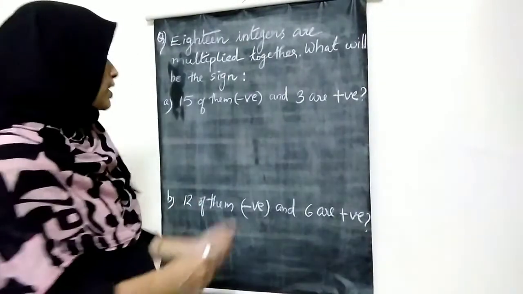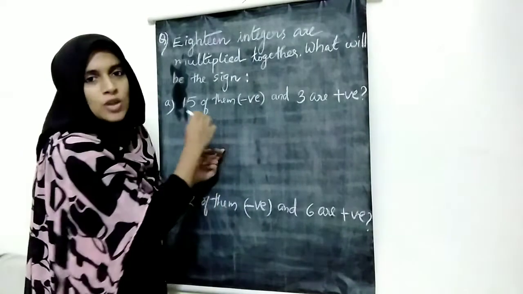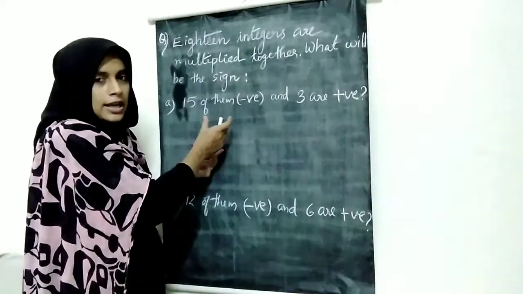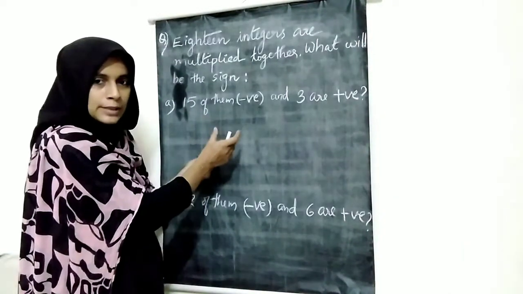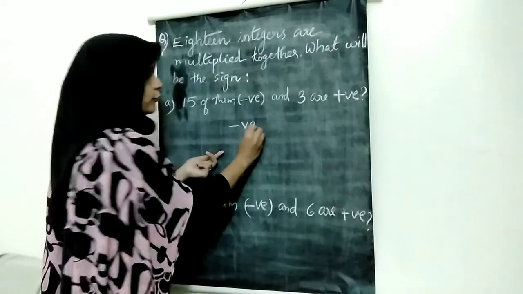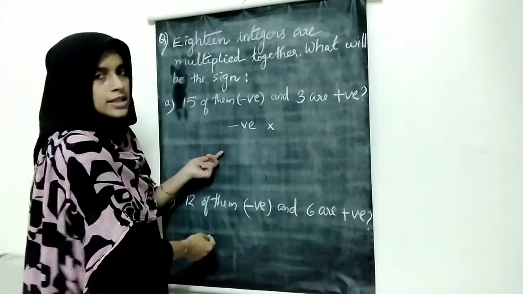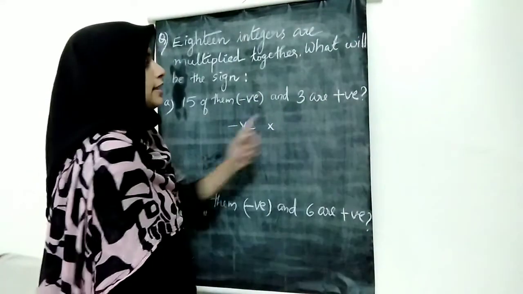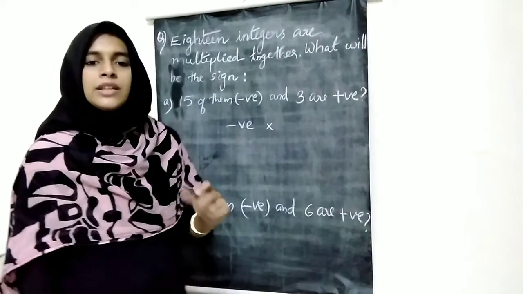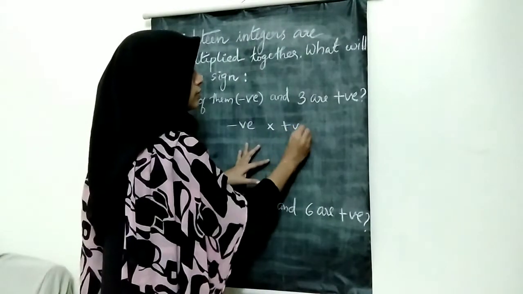They are only asking about the sign of the answer. Okay. So here, 15 of them negative. 15 is odd number. So, 15 negative integers when you multiply, we will get negative. After that, there are 3 positive integer. When you multiply 3 positive integer, answer will be positive.